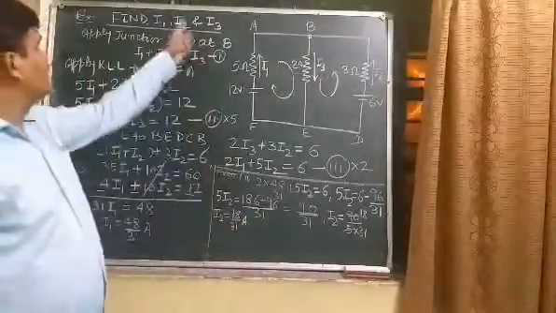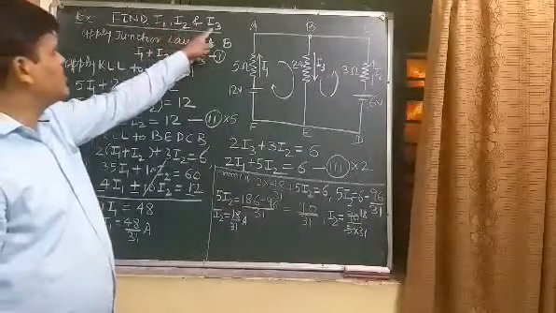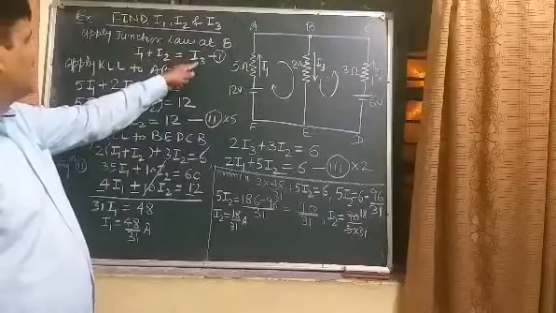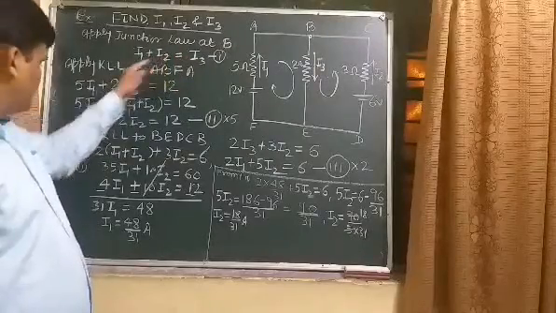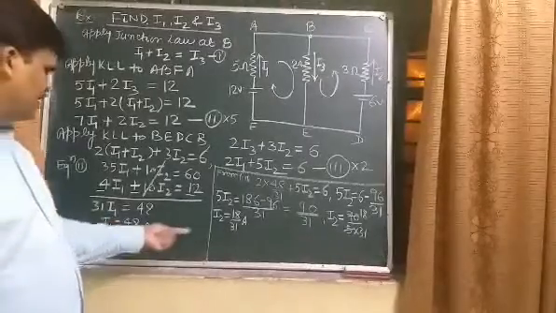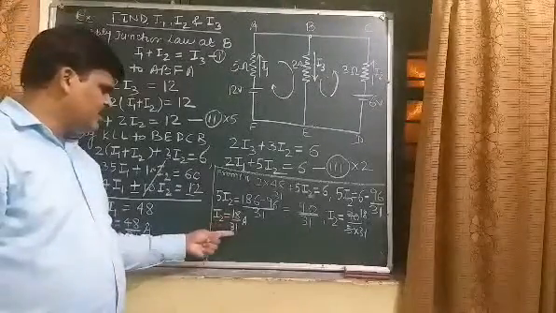And we have found I1 and I2. Now we calculate I3 by using equation 1. I3 equal to I1 plus I2, where I1 we have calculated as 48 by 31, and I2 is 18 by 31.